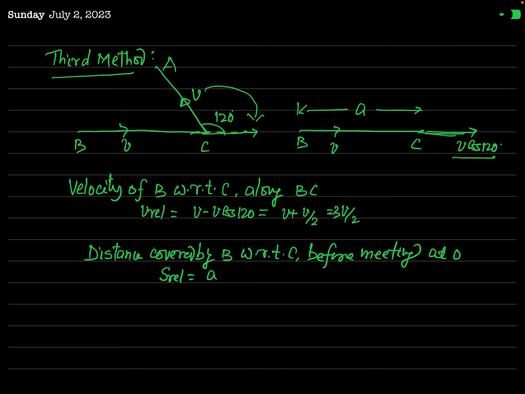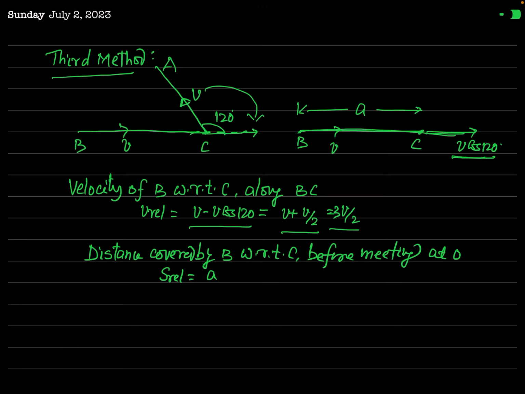So you can think that particle C is moving away from B with velocity V cos 120. Again, when you take C as a reference frame, it will be stationary in that frame, and the velocity of B with respect to C along BC will be V minus V cos 120. But cos 120 is minus 1 by 2, so this will be V plus V by 2, which is 3V by 2.